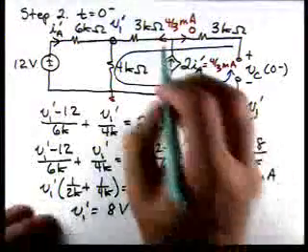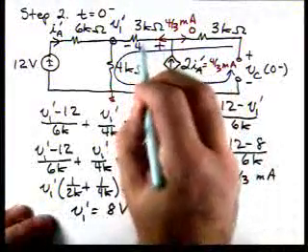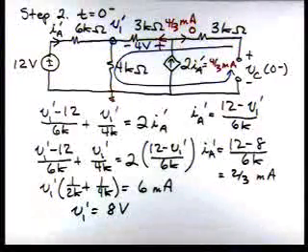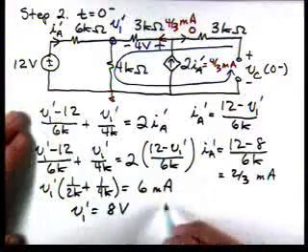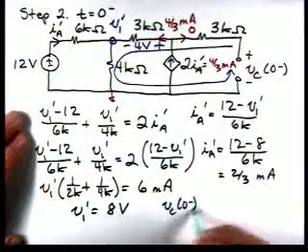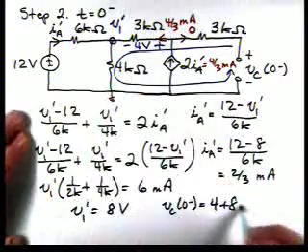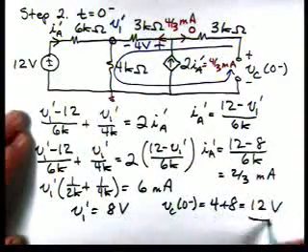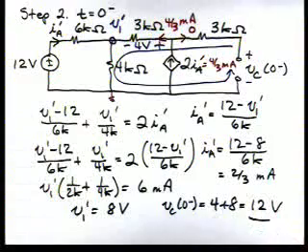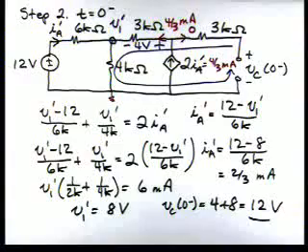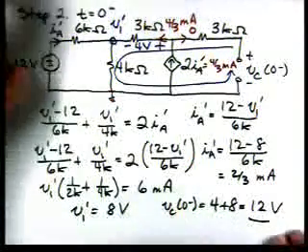And that tells us that there's 4 volts across that 3K resistor. So then VC(0 minus) is 4 plus V1 prime, 4 plus 8, and that gives us that the initial capacitor voltage is 12 volts. Now that completes our analysis at t equals 0 minus.